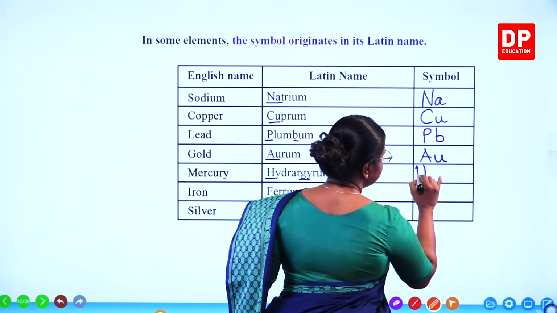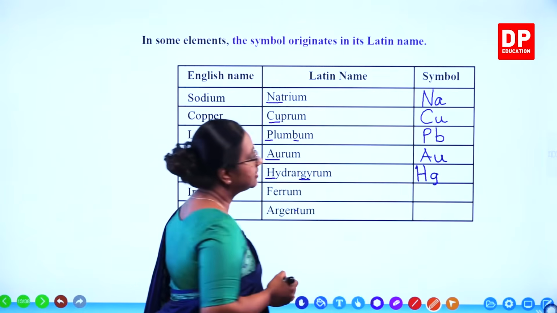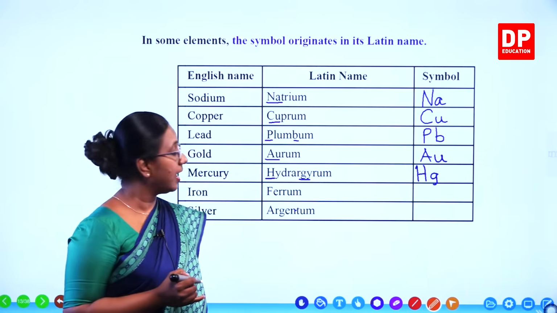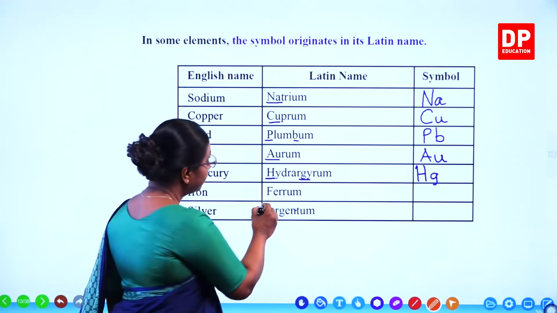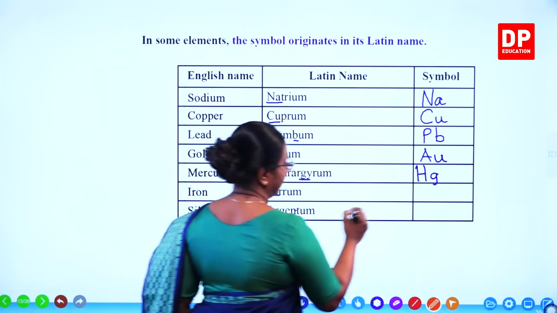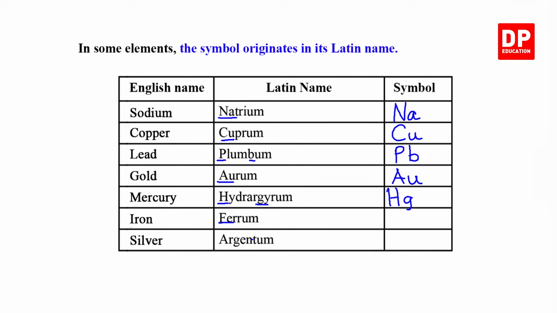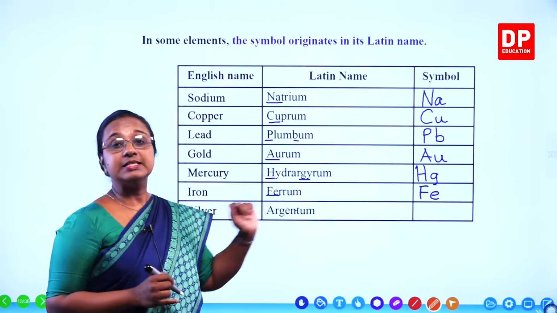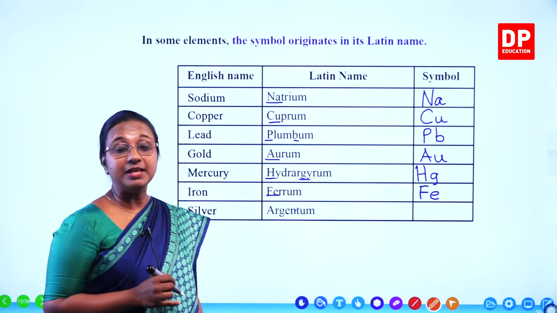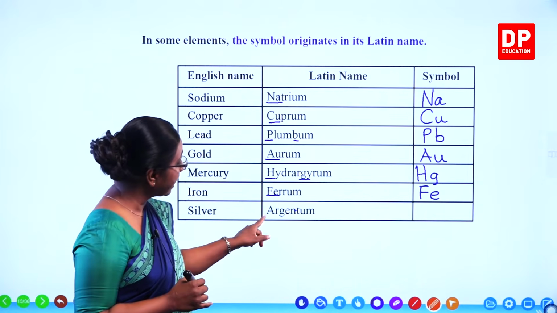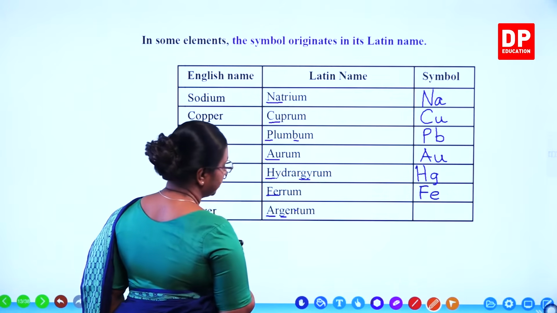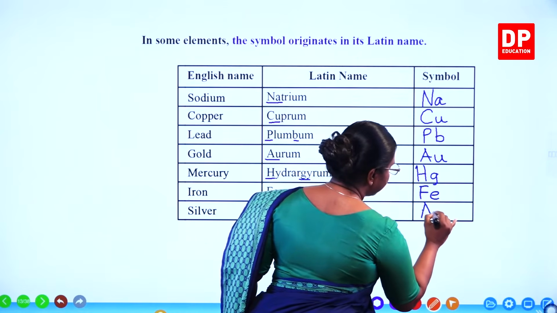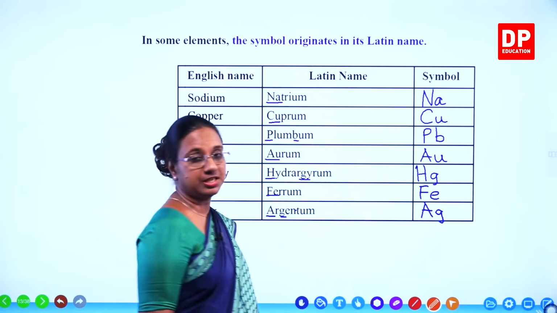So, there Hg is the symbol for mercury, hydrargyrum. Then iron is ferrum. So they use the first two letters, Fe. So ferrum is Fe. Iron is Fe because it's called ferrum in Latin. Then silver is argentum. So there we use A and G. The silver is given the symbol Ag.